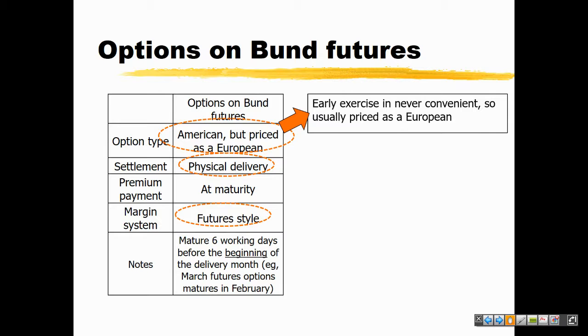The point is that the fact of being American helps you close the position when the option is illiquid. If you want to close the position with an option, you typically have to sell the option, okay? That's the typical way in which you can do. If it's also American, you also have the chance potentially to buy or sell the underlying.